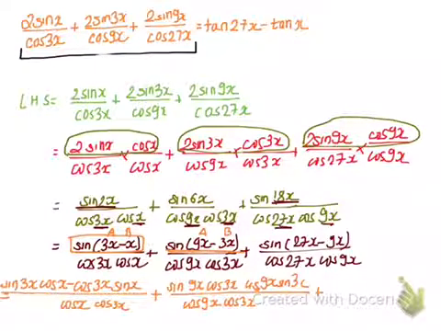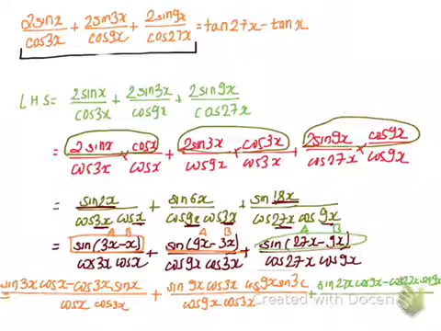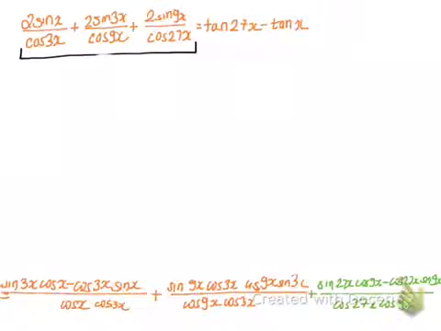And once again I'm going to apply the formula for sine 27x minus 9x. So 27x is a and 9x is b, so sine a minus b is once again sine a into cos b minus cos a into sine b, sorry I ran out of space, and then divided by cos 27x dot cos 9x.